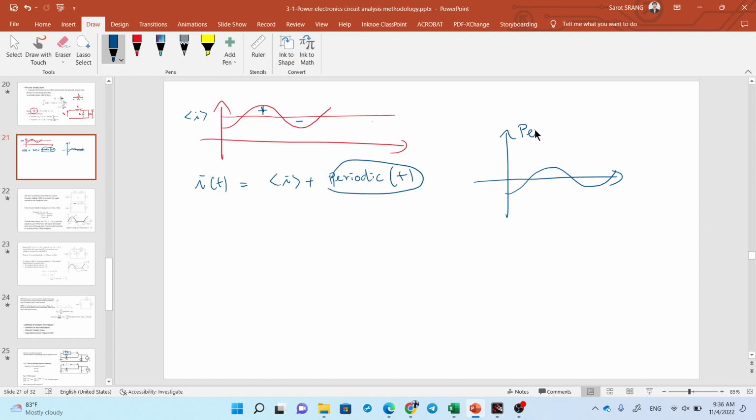This periodic function of t, like this. Do you agree? Because if I add this one with this average value, it's going to move up here, right? Right. Now let me take the time derivative of the current.